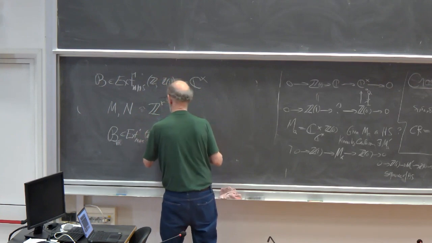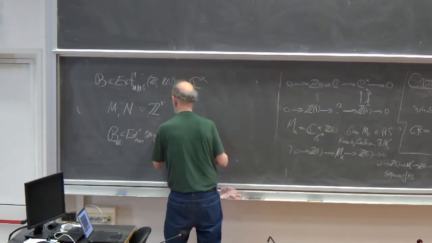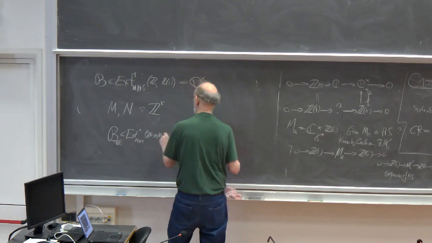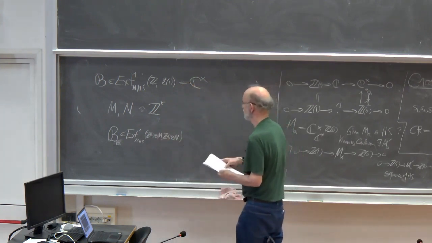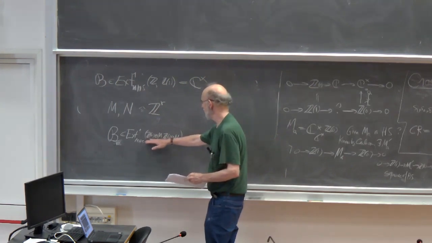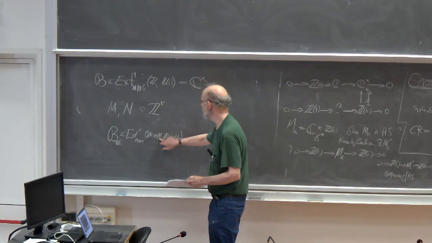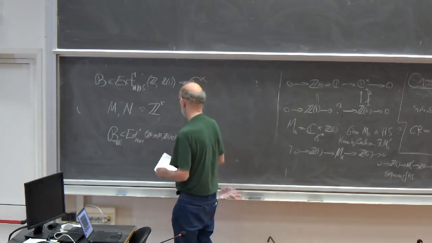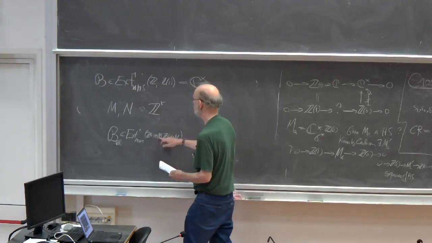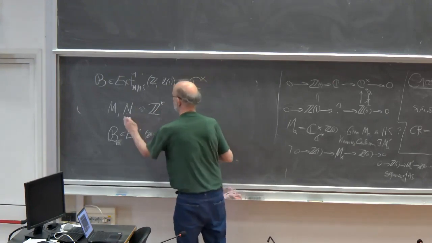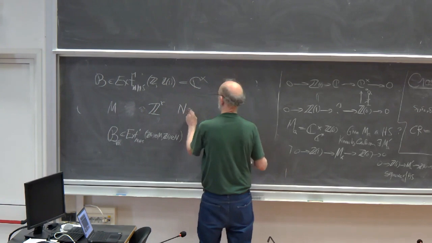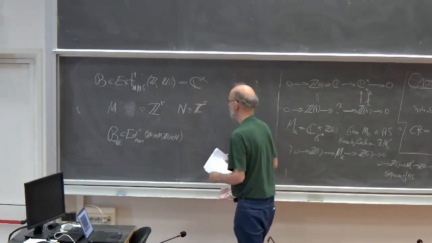Z(0) tensor M, Z(1) tensor N, by, I mean, we do something stupid. We just take M, Z(0), so Z(0) tensor M, and N, Z(1).